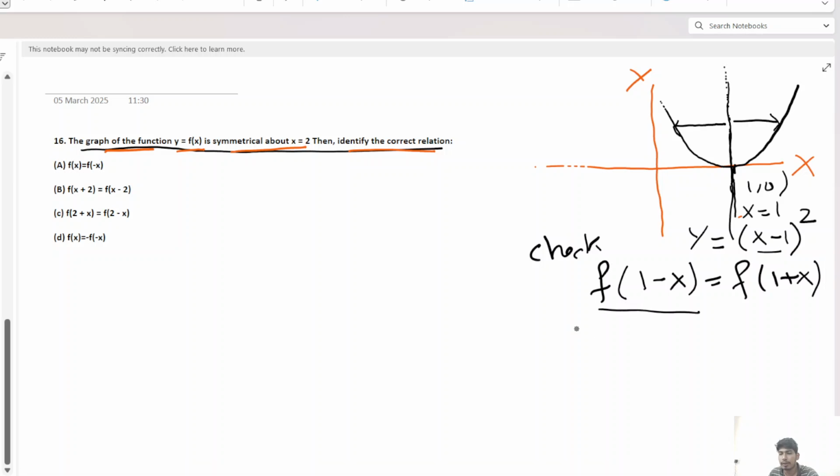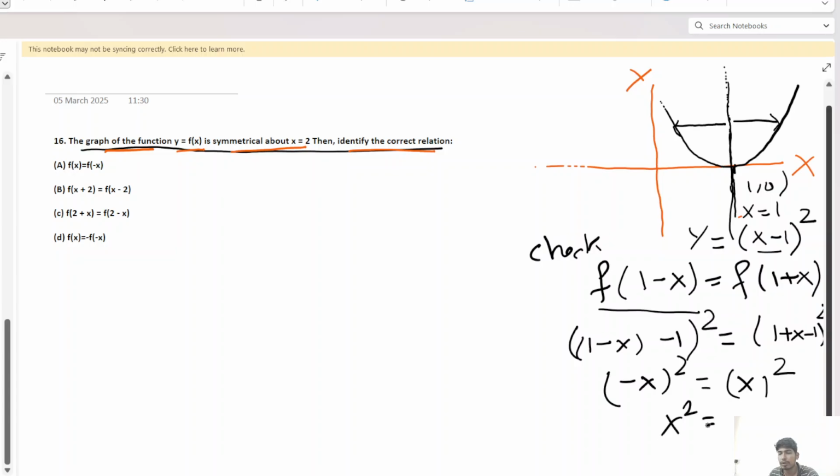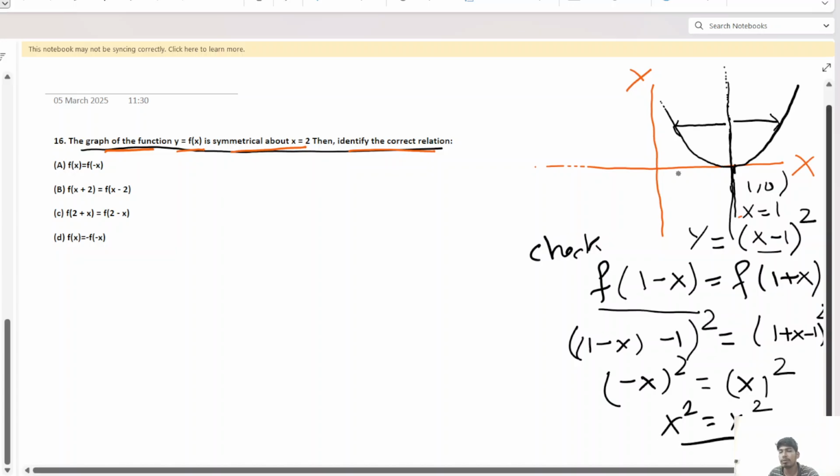What is this? (1 minus x minus 1) to the power 2, and this is (1 plus x minus 1) to the power 2. This is minus x squared, and this is x squared. Then x squared is equal to x squared. It implies that this function is symmetric about x is equal to 1.